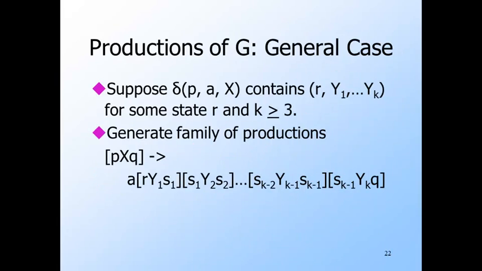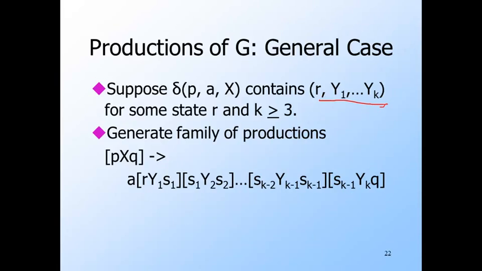In the general case, where on input a in state p, X is replaced by a string of 3 or more stack symbols, Y1 through Yk, and the state becomes r, we need a family of productions in which there are k-1 unknown states, s1 through s(k-1).